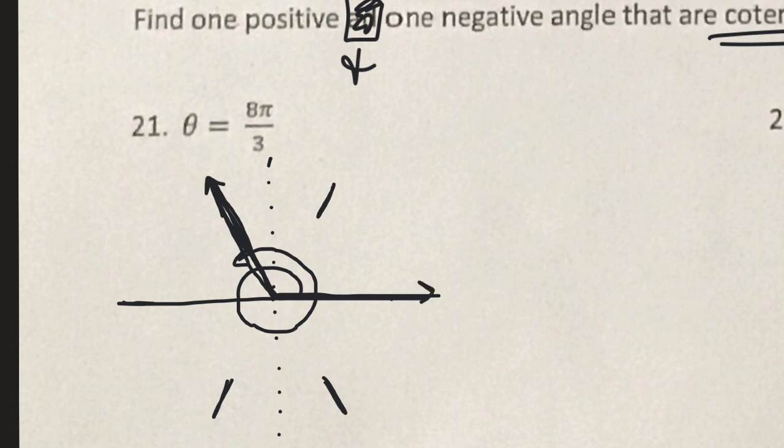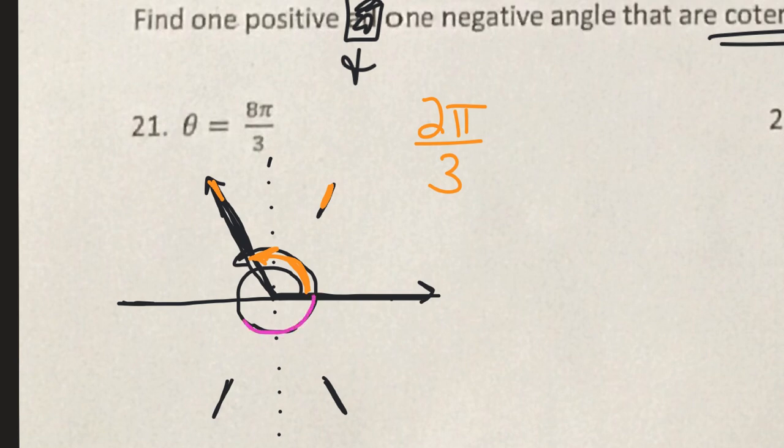Okay, so if we want to have a positive angle, what is this angle going to be in terms of our single revolution around the unit circle? Well, that's just 2 pi over 3. So 2 pi over 3 is going to be our positive angle. And what if we go in a negative direction, right?